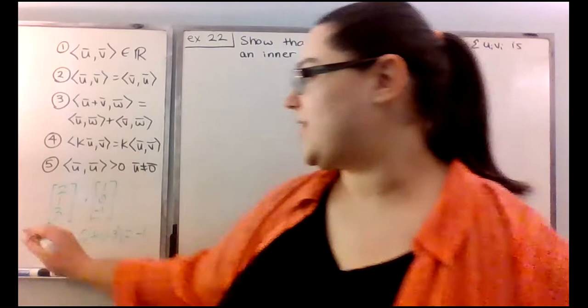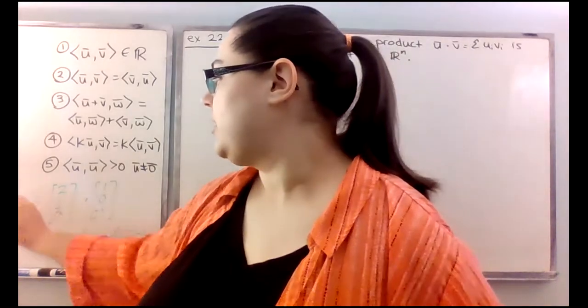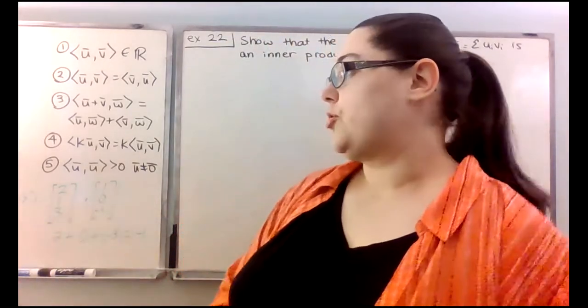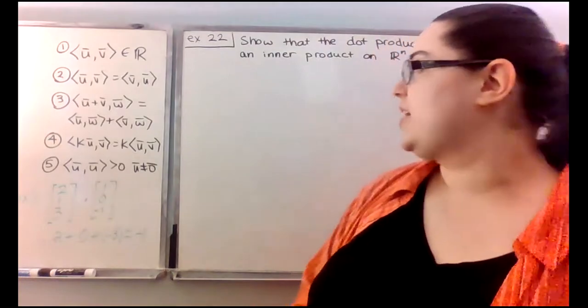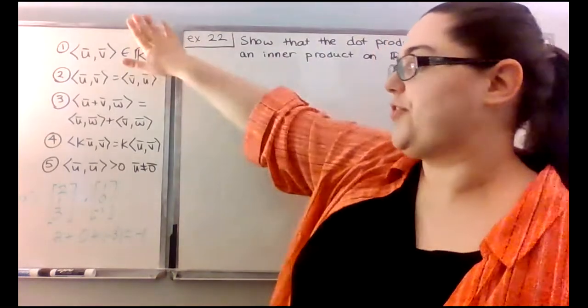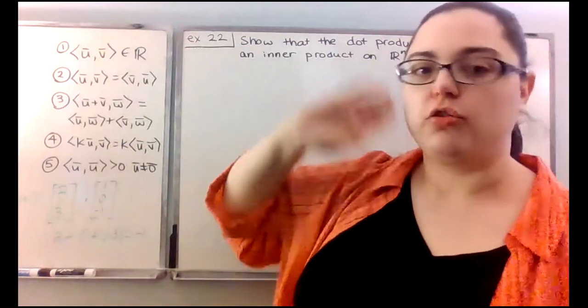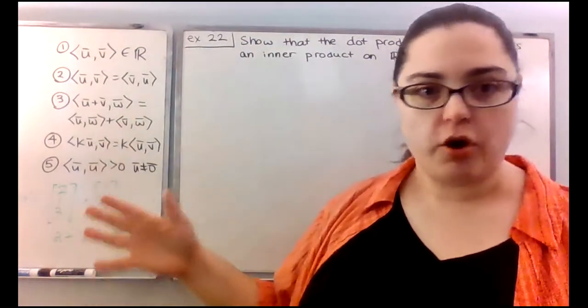So that's an example of the dot product in R3. So what we're going to do is prove that the dot product satisfies all 5 of these axioms, no matter what dimension of R we're looking at.